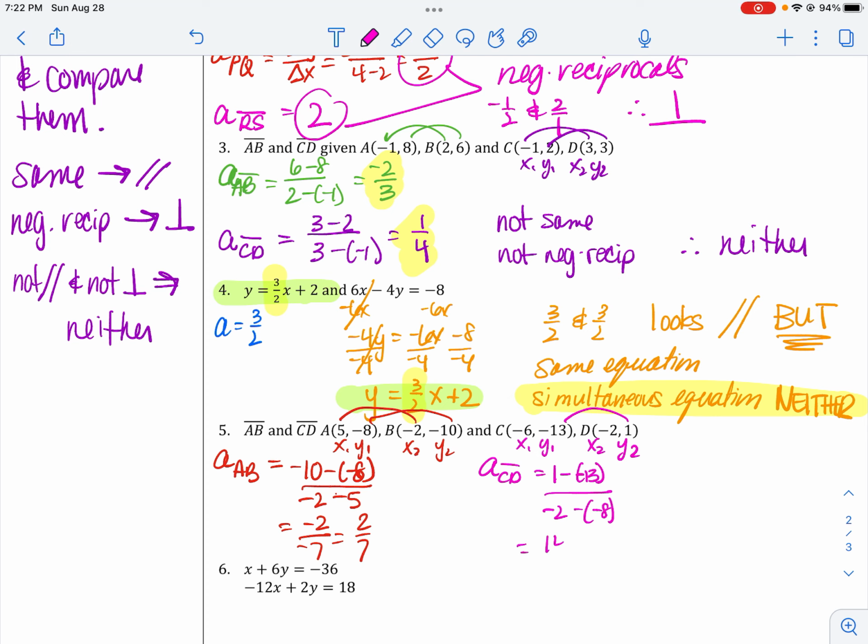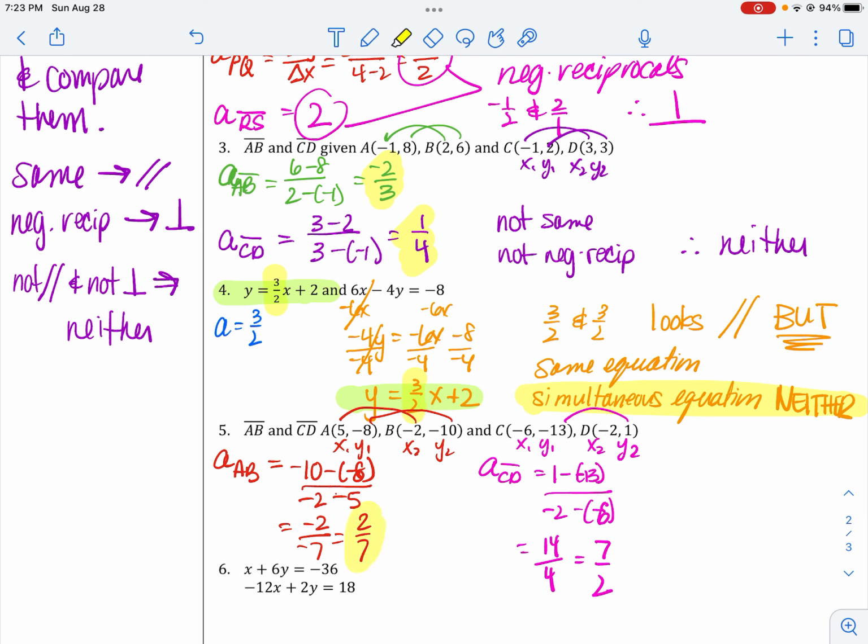So that's 14 over 6. That's not right. -2 minus a -6. I don't know where I got the 8 from. -6. Let's change that. So that's 14 over 4, which is 7 over 2.